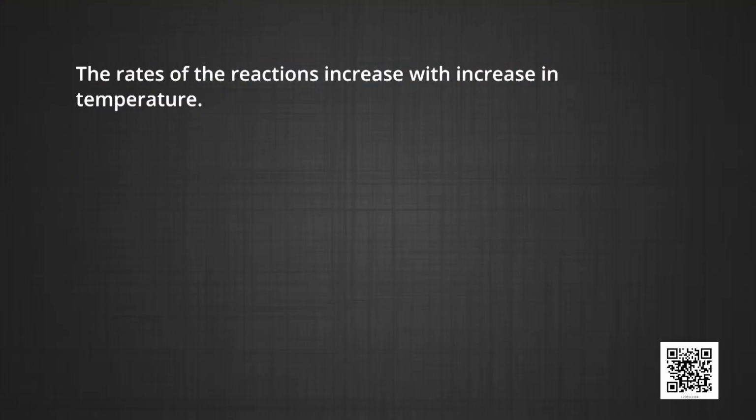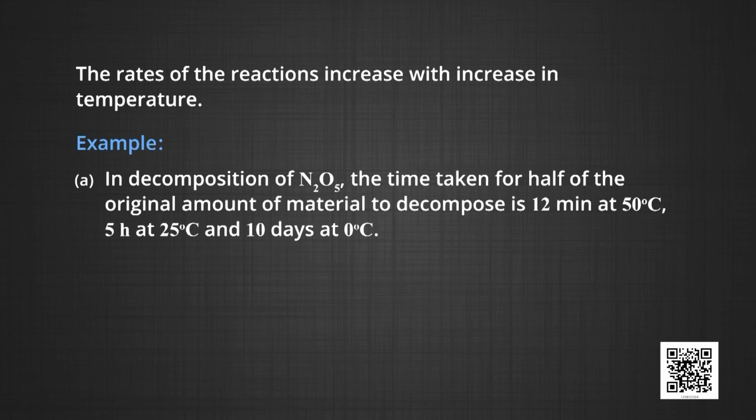Most chemical reactions are accelerated by an increase in temperature. That is, the rates of the reactions increase with the increase in temperature. For example, in the decomposition of N2O5, the time taken for half of the original amount of the material to decompose is 12 minutes at 50 degrees Celsius.